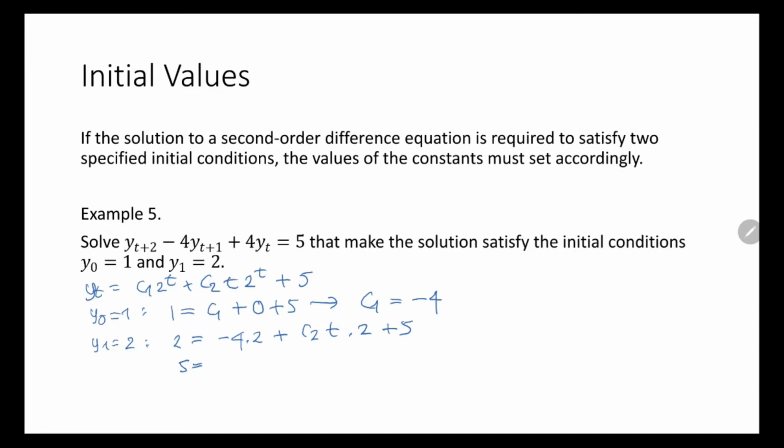So this is going to be 5, and this is going to be 2 times c2. We have c2 equal to 5 over 2, and of course the solution is equal to -4 times 2 to the power of t plus 5 over 2 t times 2 to the power of t plus 5. So this is the difference equation with initial values.